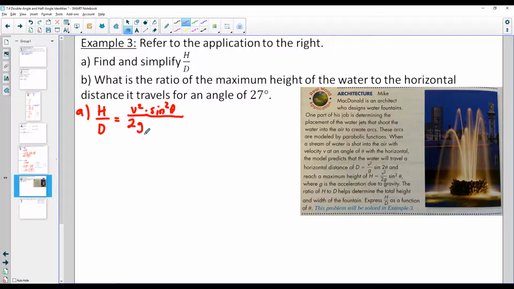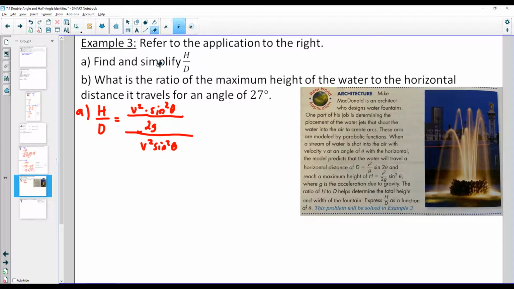All right, and now all over d. Maybe I'm going to write this 2g in the middle so it looks nicer. All over d, d is v squared, and again I'm just going to move that sine squared on top.